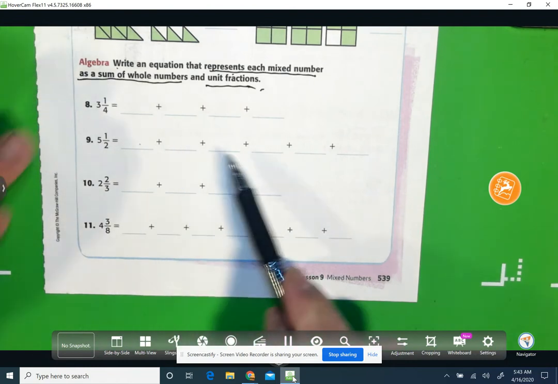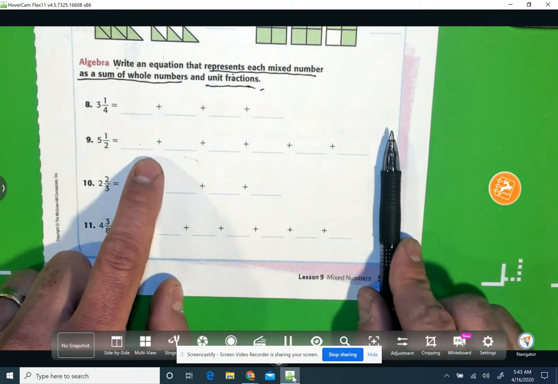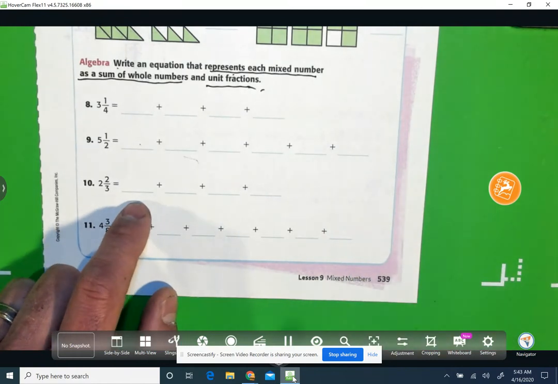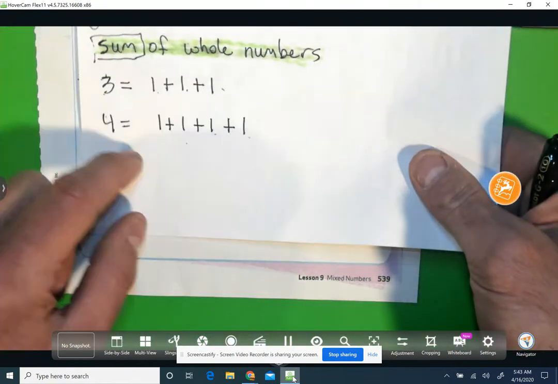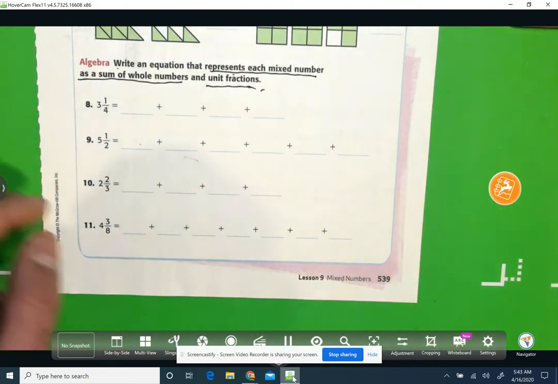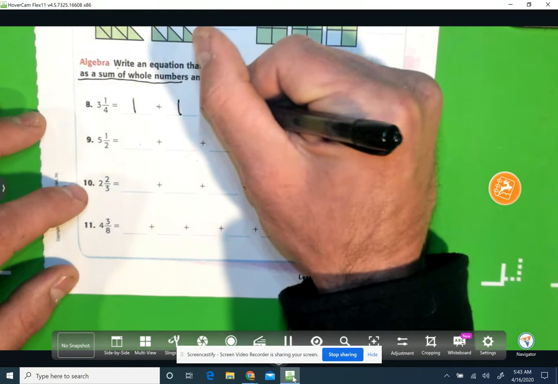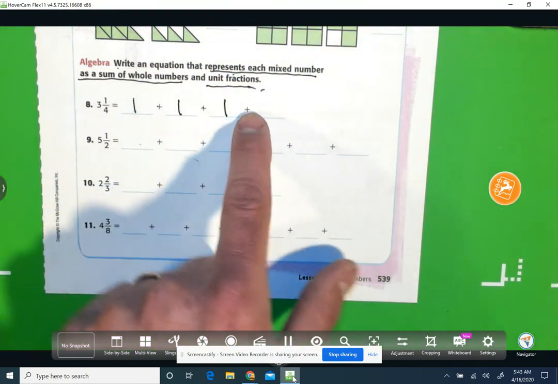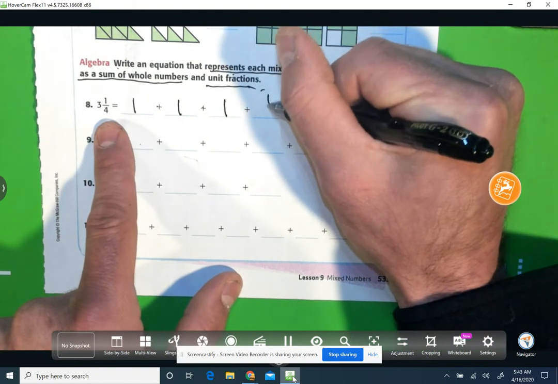So here we're going to have a series of ones and a series of unit fractions. So 3, we've already determined, is the sum of 1 plus 1 plus 1. So we have 1 plus 1 plus 1 plus, well, good for us here, we've already got a unit fraction, 1/4.